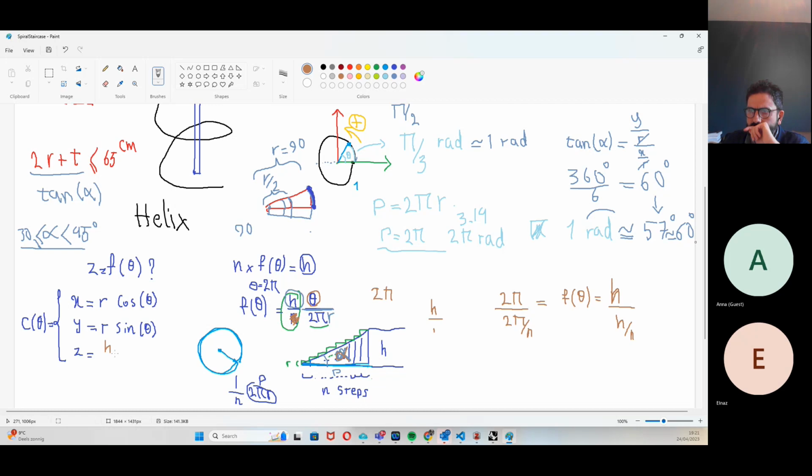H theta divided by 2 times pi, the radius. Okay, this is my guess for now. And we're going to code it and we're going to see if it's going to work.